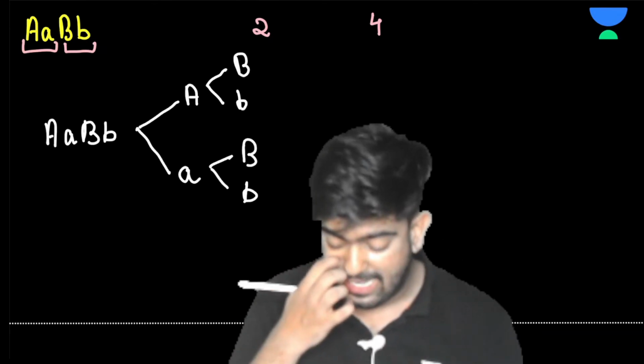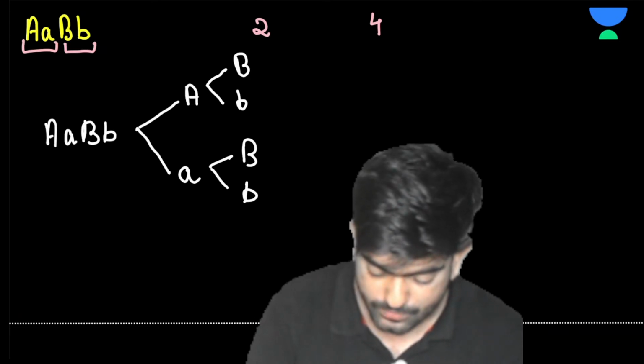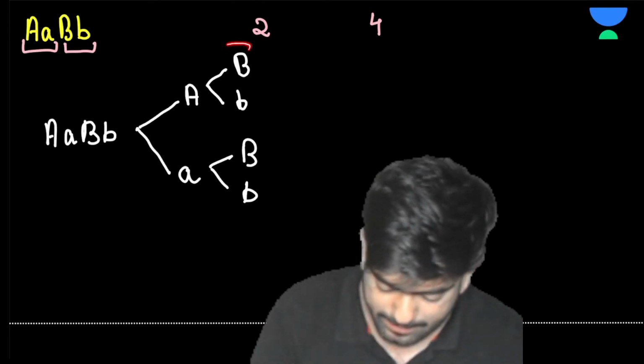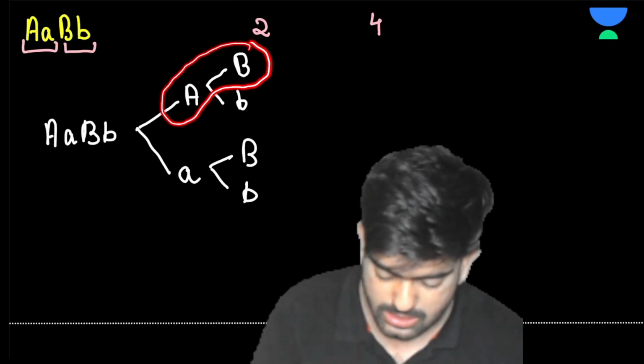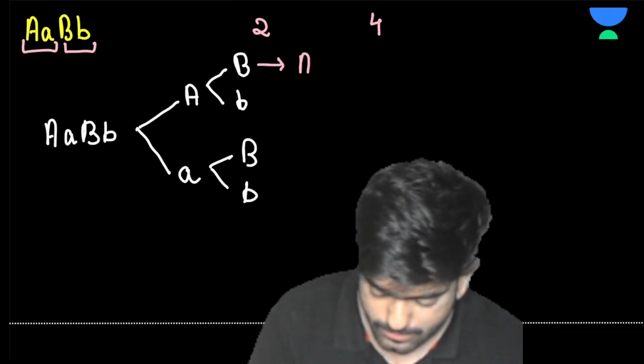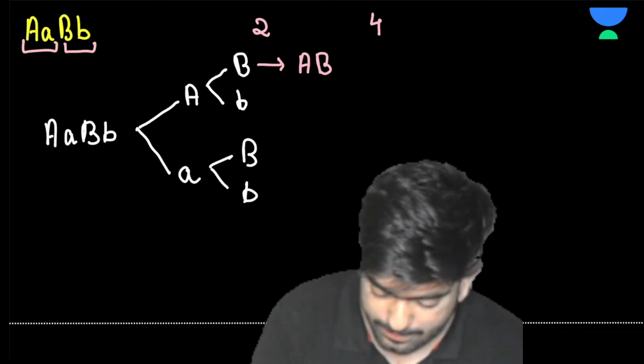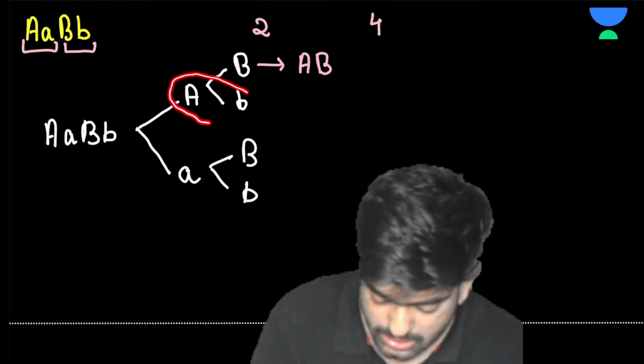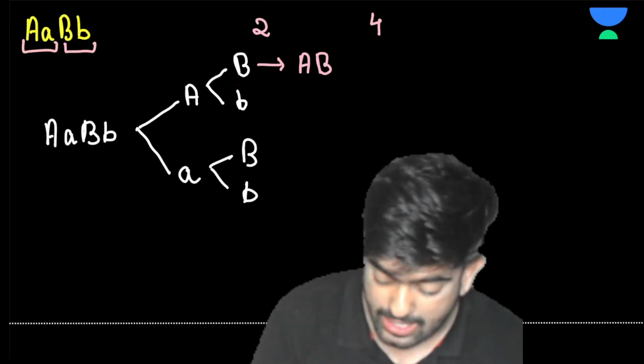So, how many types of gametes will we get? This is going to make one gamete, A, B. This is going to make another gamete, capital A and small b.